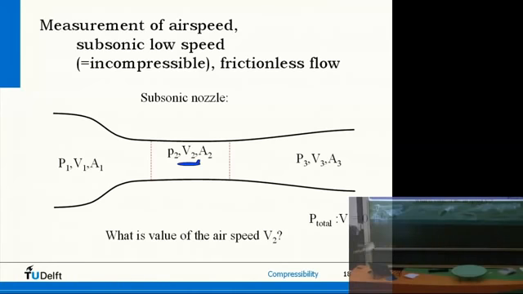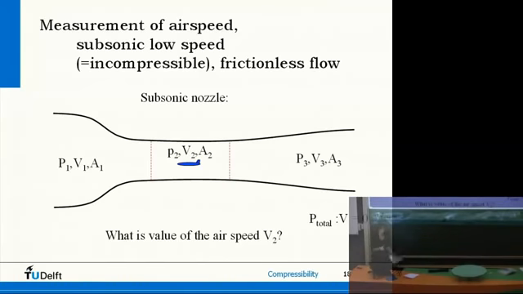Then I gave you homework which you can now maybe solve. Given this example, homework 4.4, please have a look at it. It was also a converging, diverging nozzle with V in and a pressure 2. A contraction ratio is given, and P1 minus P2 is given.